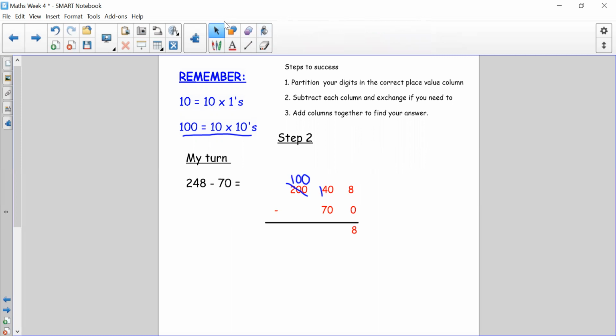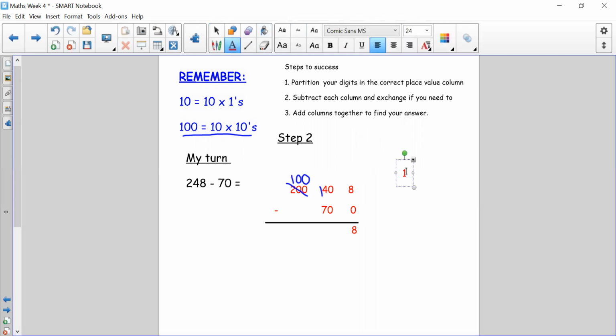So if I know that 14 take away 7 is equal to 7, then 140 take away 70 is going to equal 70. Okay, so we can use the number facts we know to help us work out bigger numbers. So 140 take away 70 is going to be 70.